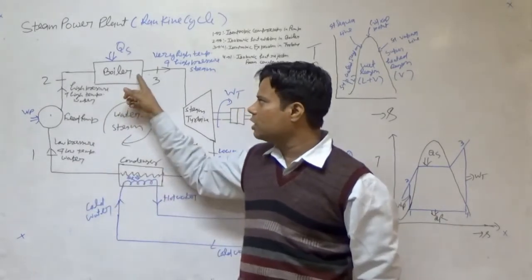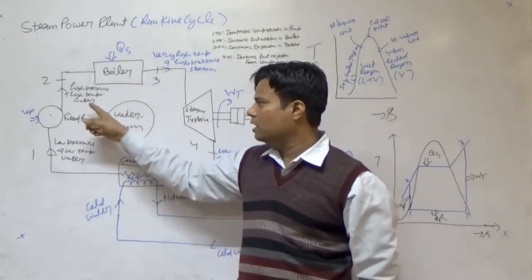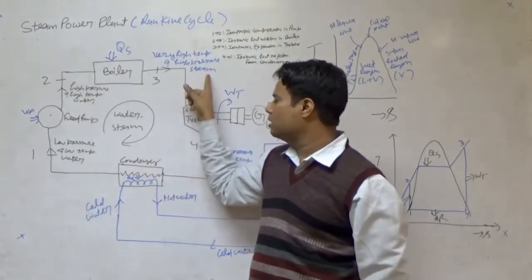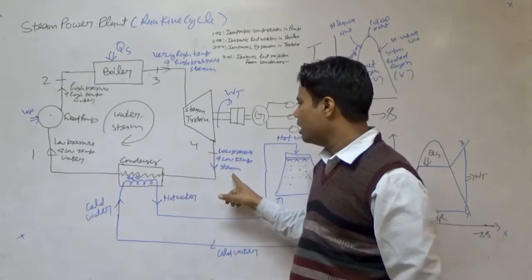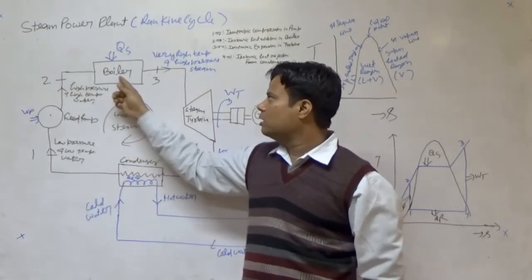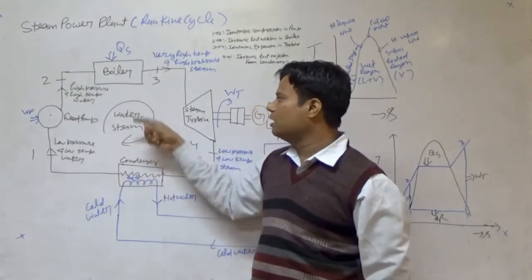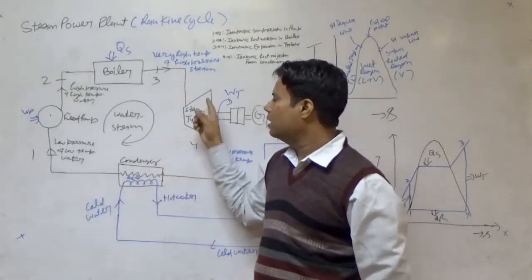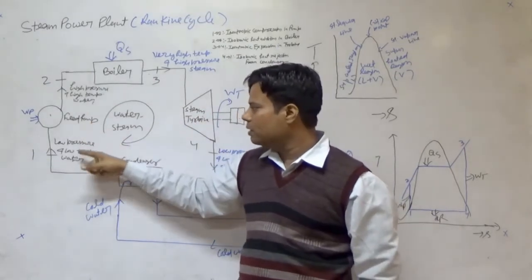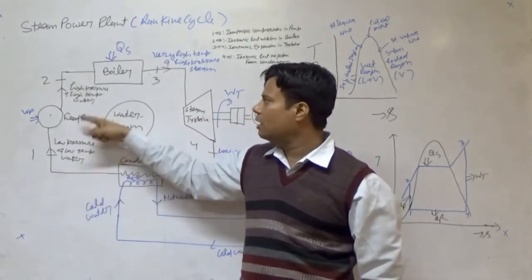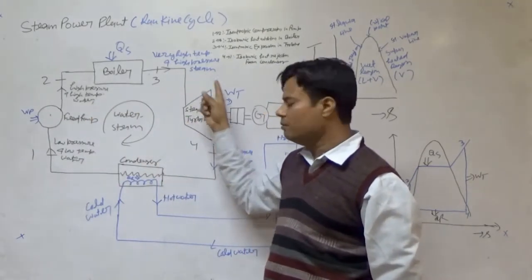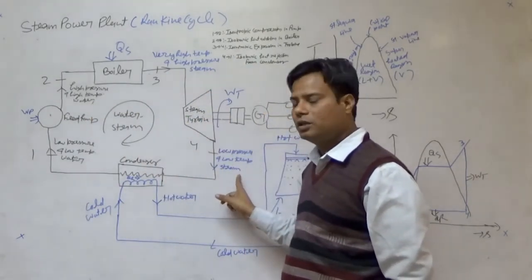When this steam passes through the condenser, it is converted into water. This process is just the reverse of the boiler process. In the boiler, water enters and steam exits, but in the condenser, steam enters and water exits. So there is a phase change in these two devices, but in the turbine and the pump there is no phase change. In the pump, water enters and water leaves, and in the turbine, steam enters and steam leaves.